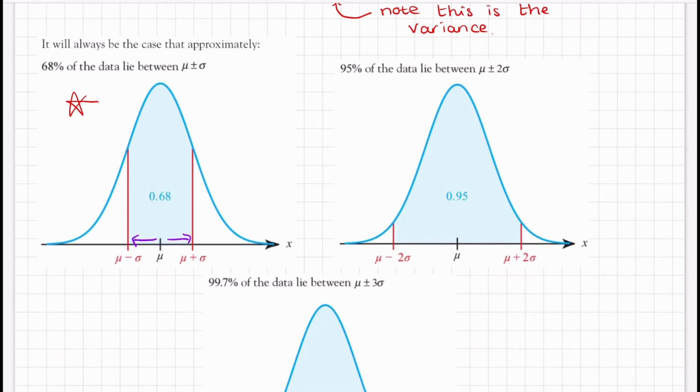And that means 68% of the data actually lies between the mean minus 1 standard deviation and the mean plus 1 standard deviation. Now with the second one, it's when we add 2 standard deviations to the mean and minus 2 standard deviations from the mean, and 95% of the data lies between those 2 points.